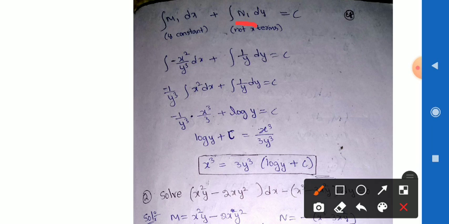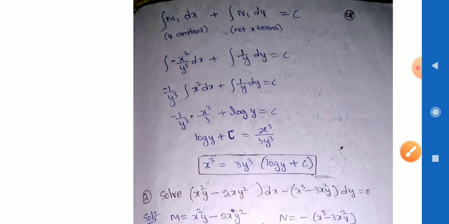So by integration, taking minus 1 by y cube outside, integration of x square dx plus integration of 1 by y dy equals c, where c is the arbitrary constant. By doing integration, we get minus 1 by y cube into x cube by 3 plus log y, equal to c.